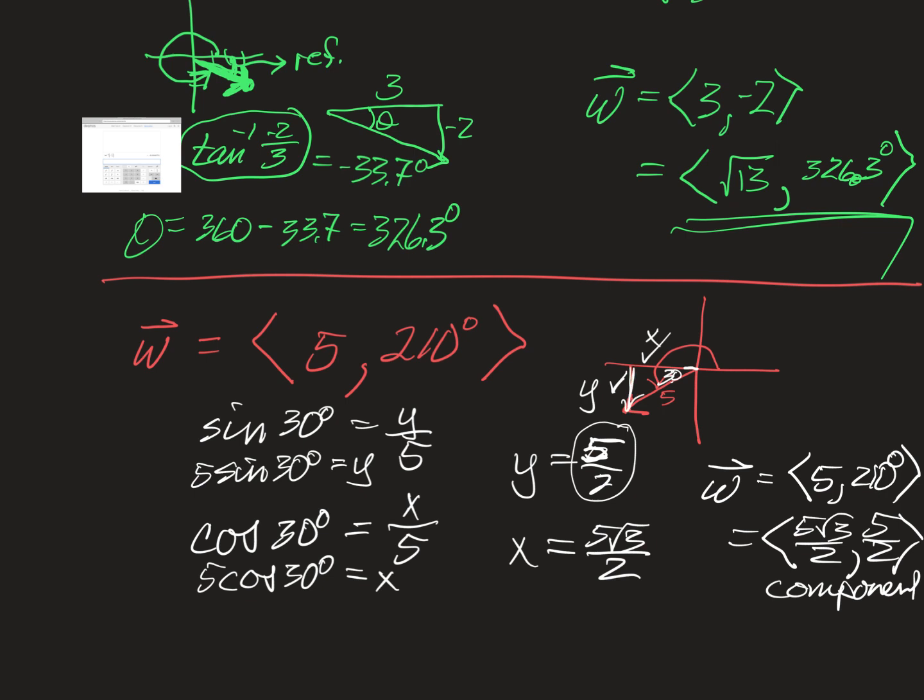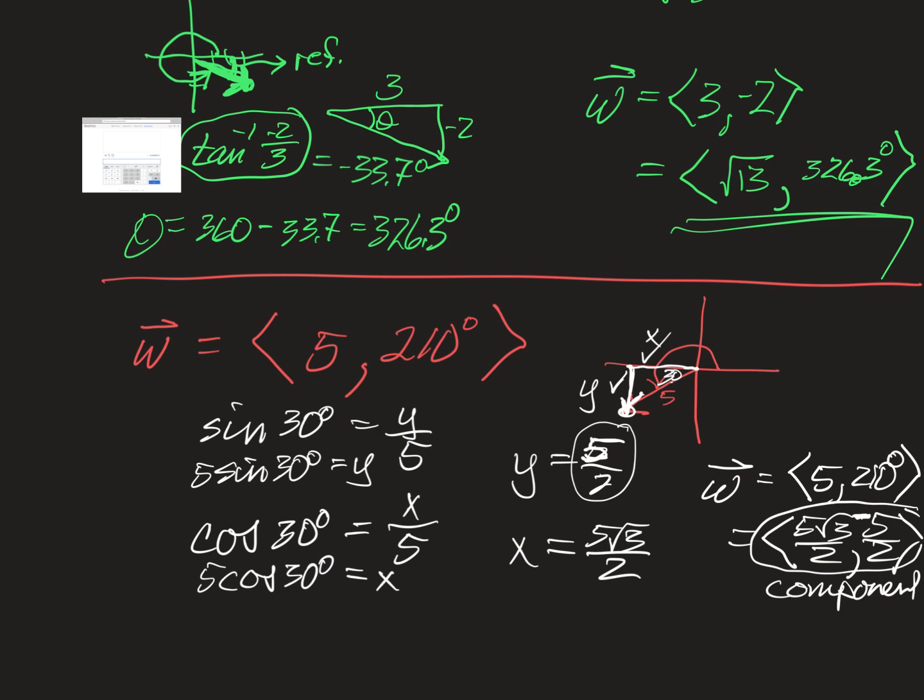Notice how the y is negative, so I would put a negative here. I did this more like a trig problem. So anyway, this is the correct answer: 5 square root of 3 out, and then negative 5/2 down will get us in the right spot.